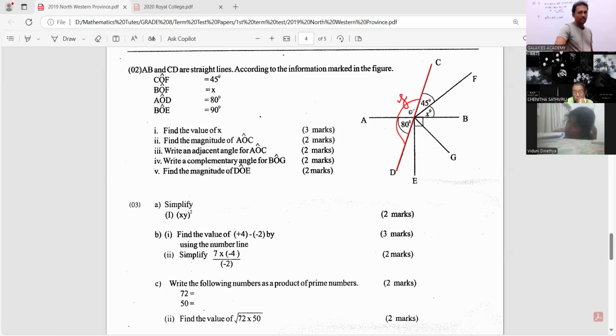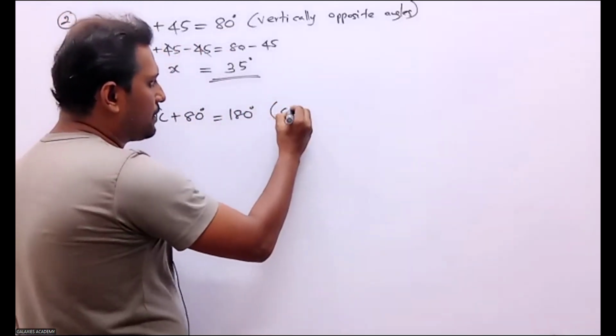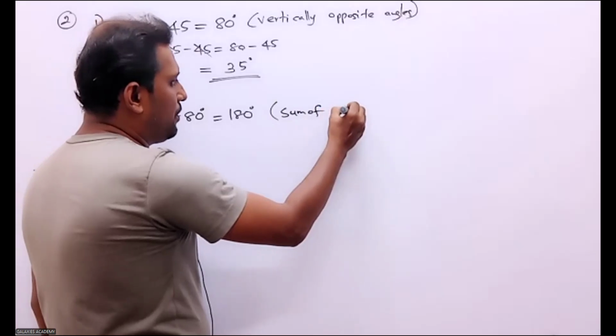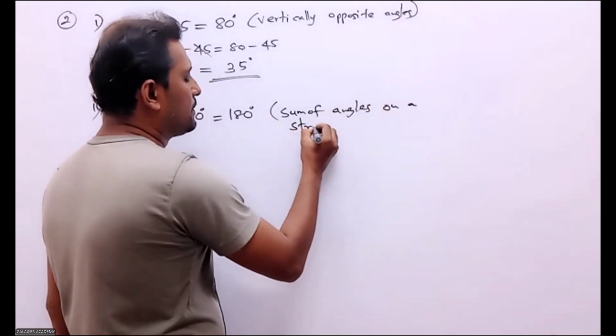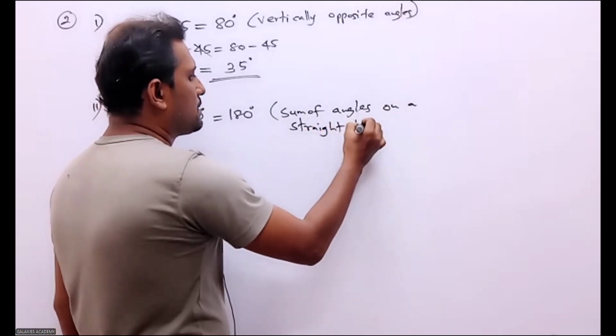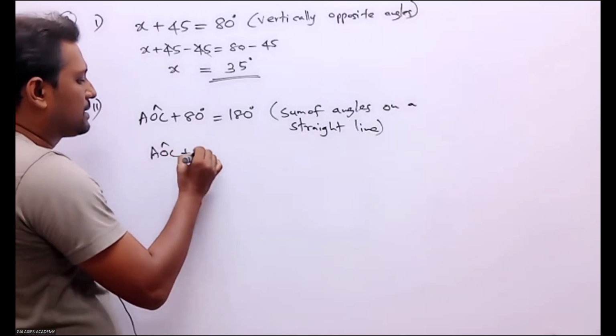Sum of angles on a straight line. So what is the answer? You can simplify. Sum of angles on a straight line, right? AOC plus 80.